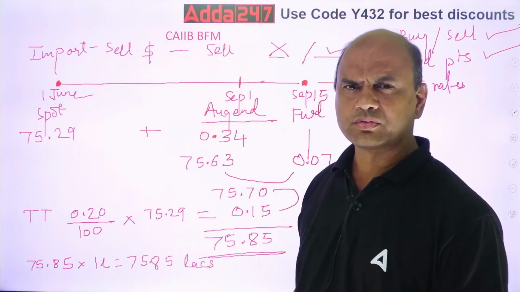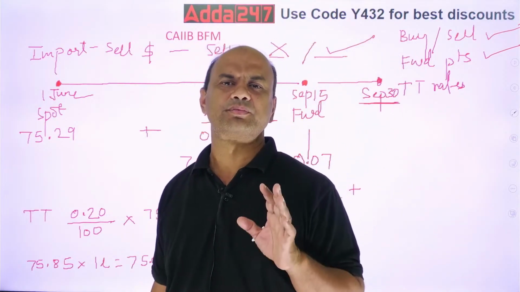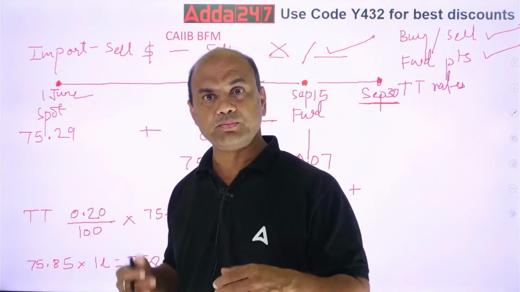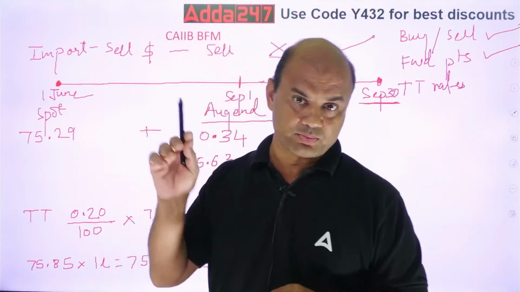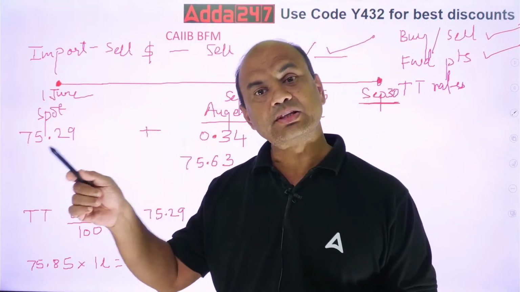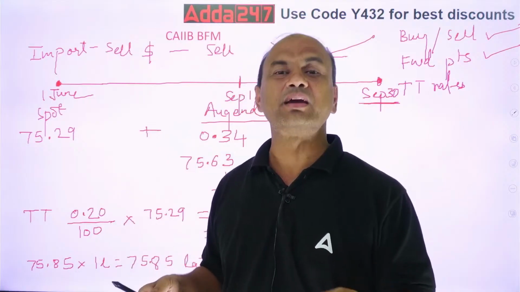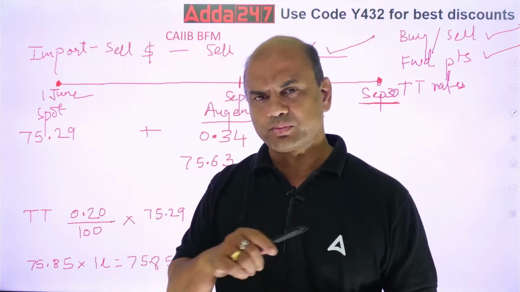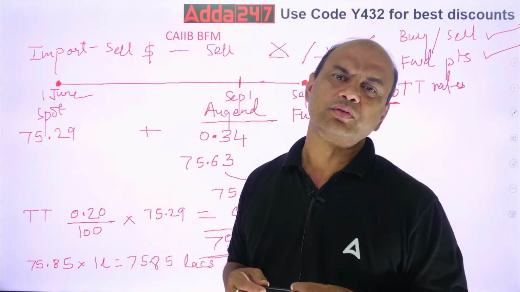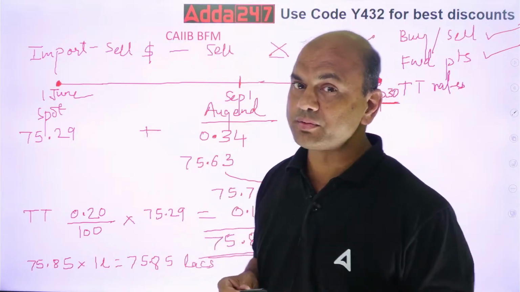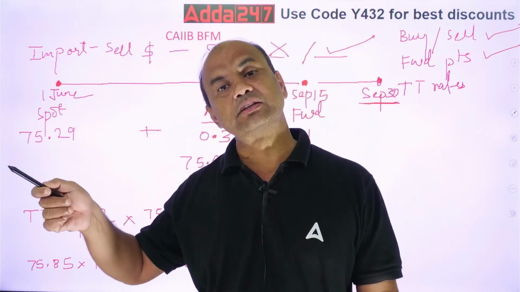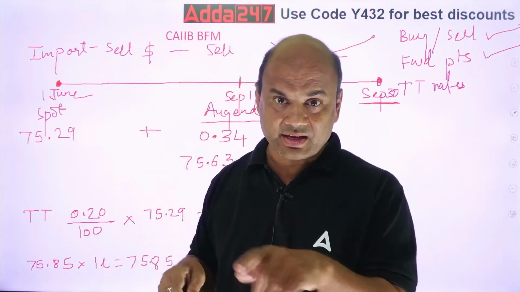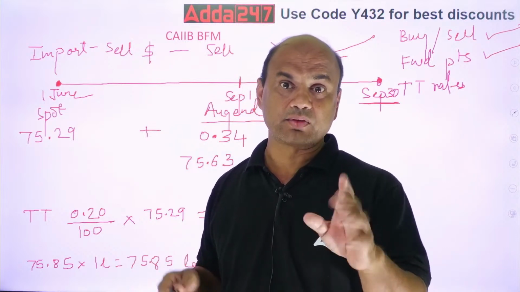I'll give you a simple example. Suppose you buy a refrigerator from a showroom, and the showroom guy will send some vehicle to your home. He will tell you, the cost of the fridge is, let's say, 35,000, and this carting logistics will cost around 500 rupees.